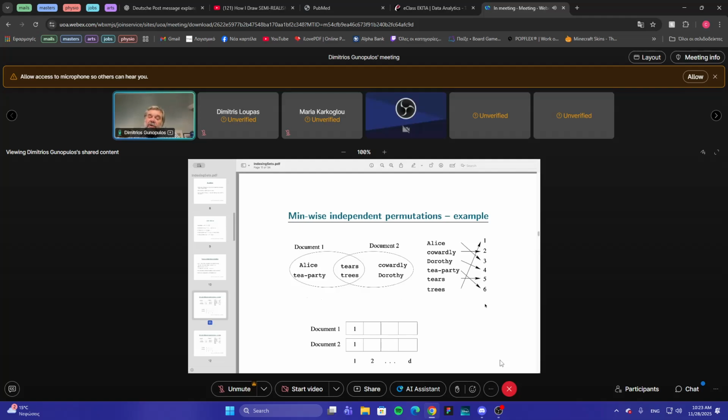And the way we're going to do it is this function here. It's called min-wise independent permutation, and it is what I described earlier.